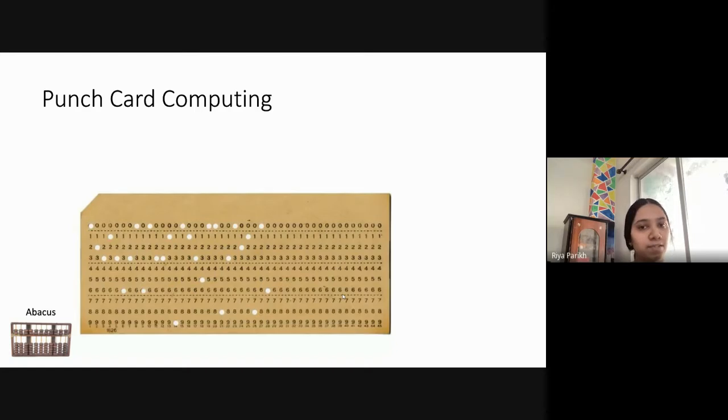In earlier times, they used to do computing using those punch cards, where the holes are inside the cards. I will not go into more detail, but those were the areas where the connection happens with the computer and current parts of it. And this is how computing was done through punch cards back then.